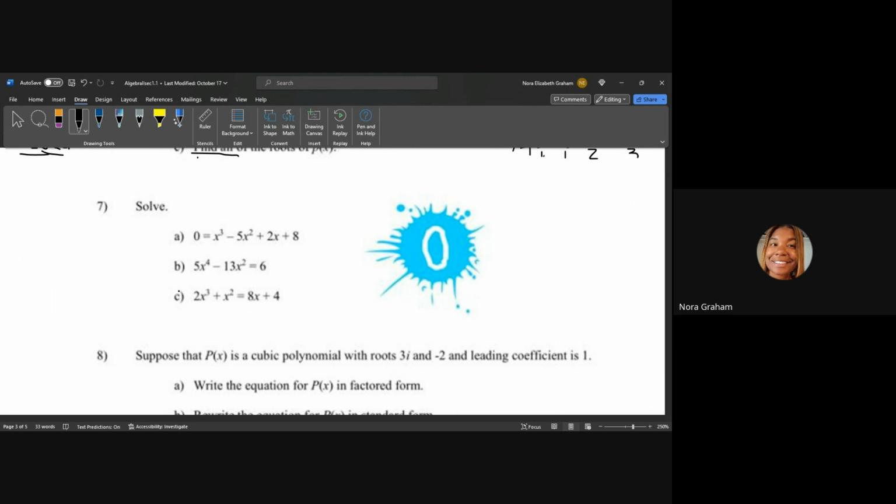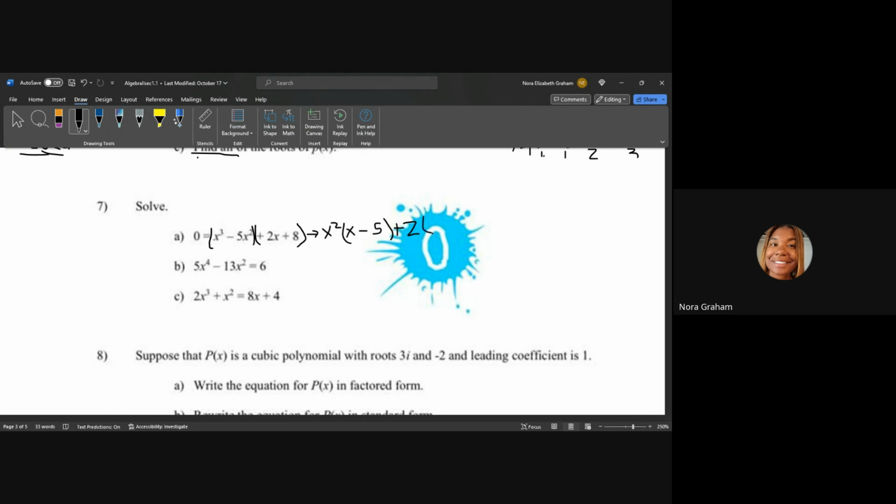So again, we're going to use factoring. So for this one, right away, I can see I can do grouping, okay? Because there's 4 terms. It looks like I can pull out a greatest common factor. So when we do that, I can pull out an x squared, x minus 5 and then plus 2 in parentheses. And I have x, I believe that's plus 4. Oh, I see it now, but I want you guys to see why I can't do it, because you will come around some questions like this.